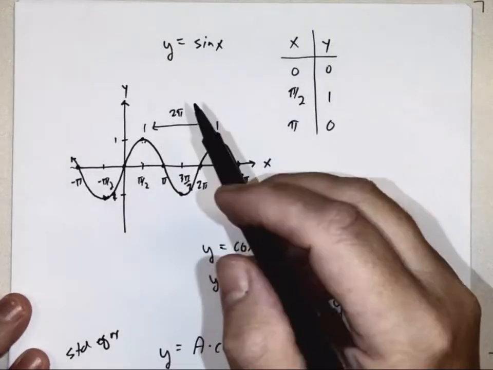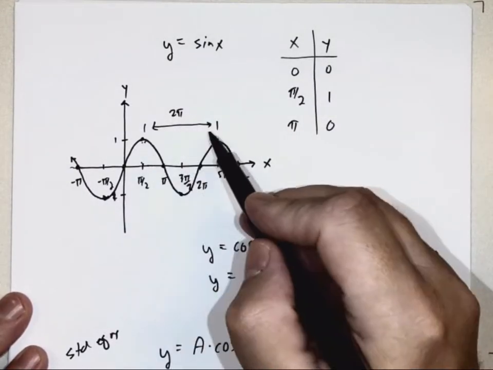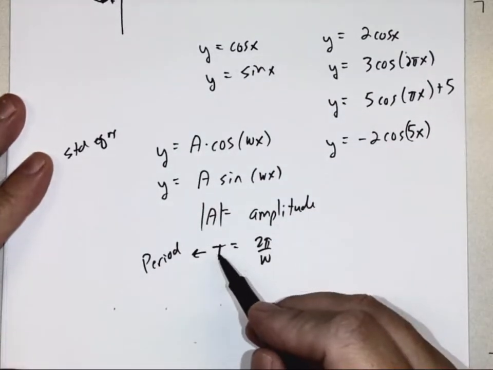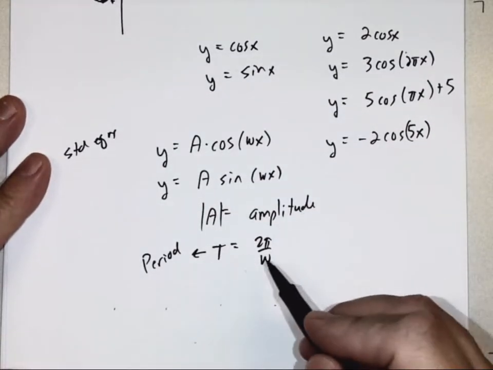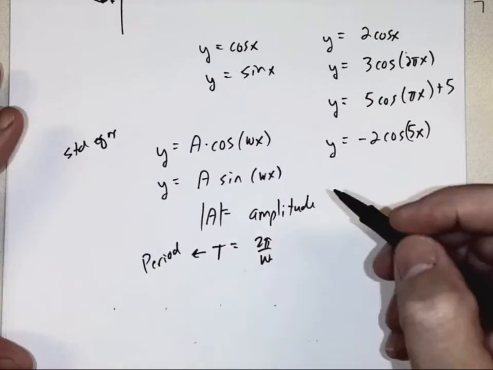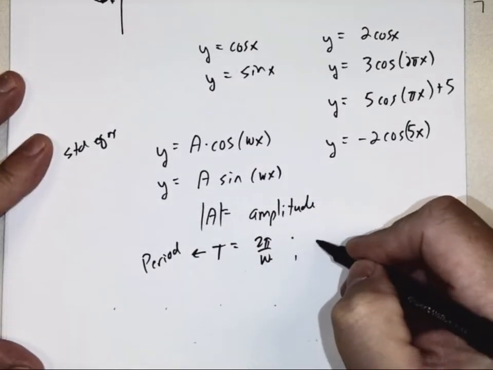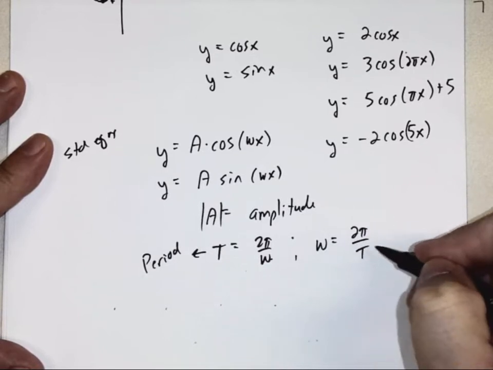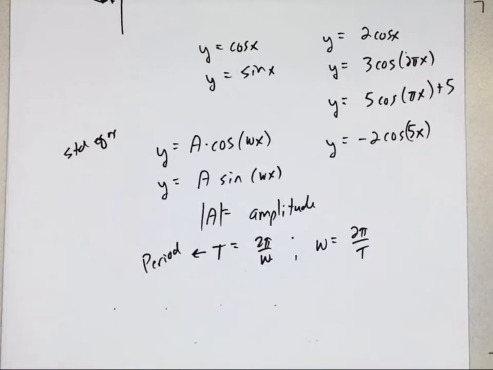So if you look at a graph, once you determine the period, you can plug the period in for T, and this gives us a way to calculate omega. If we move things around, omega, or that w, equals 2 pi over the period.